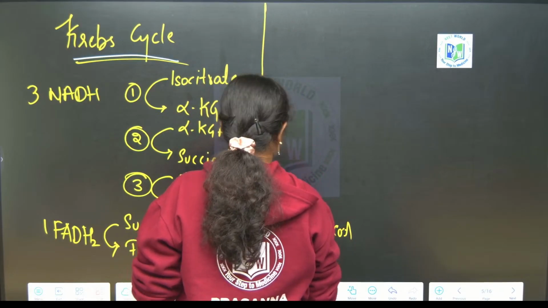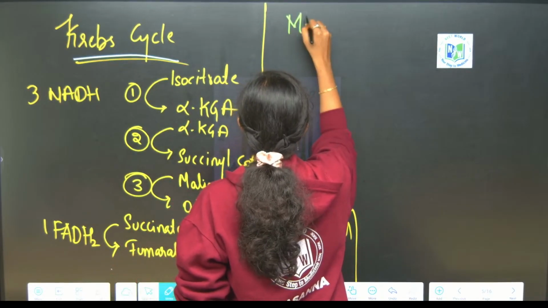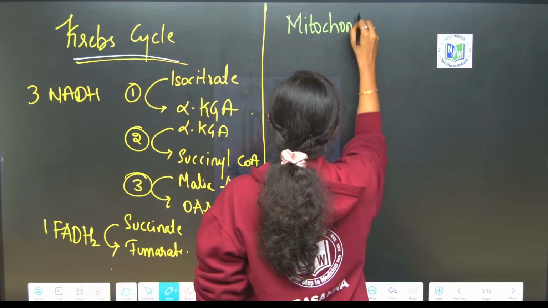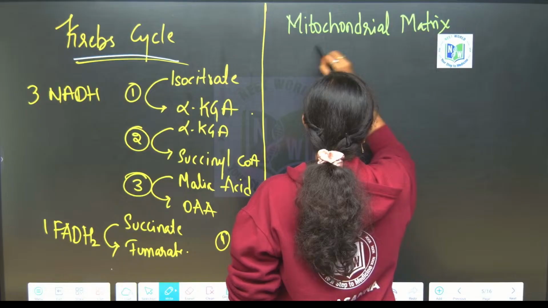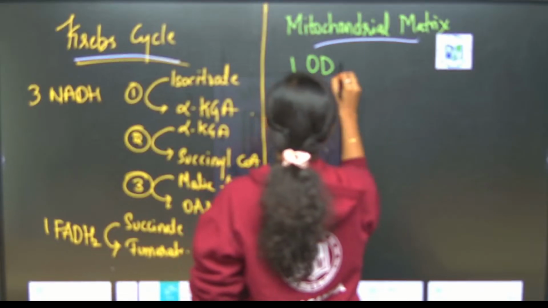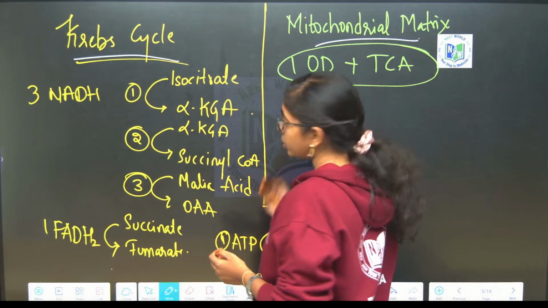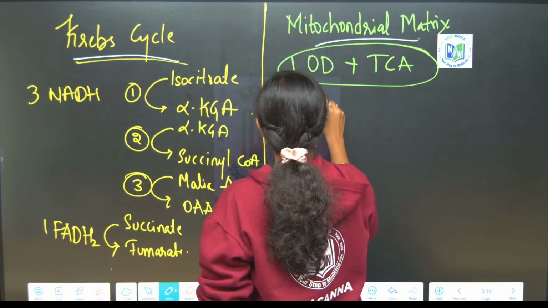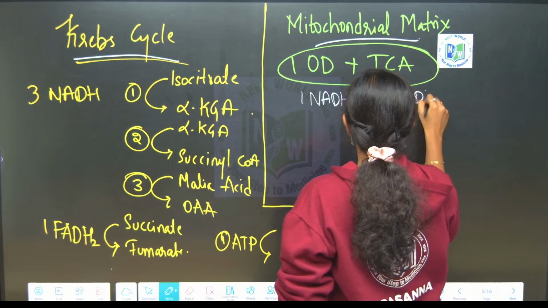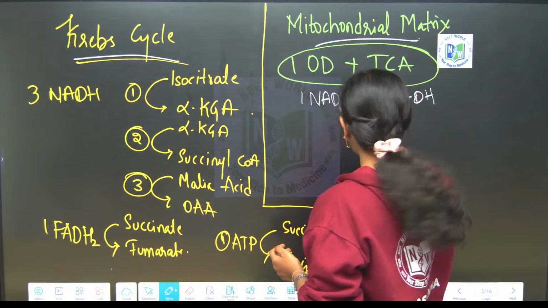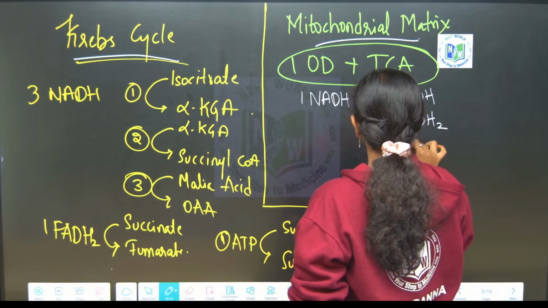Inside the mitochondrial matrix, for one complete cycle of oxidative decarboxylation and TCA cycle, how much energy is released? 1 NADH plus here 3 NADH plus how much FADH2? 1 FADH2, 1 GTP. That's it, 1 GTP.